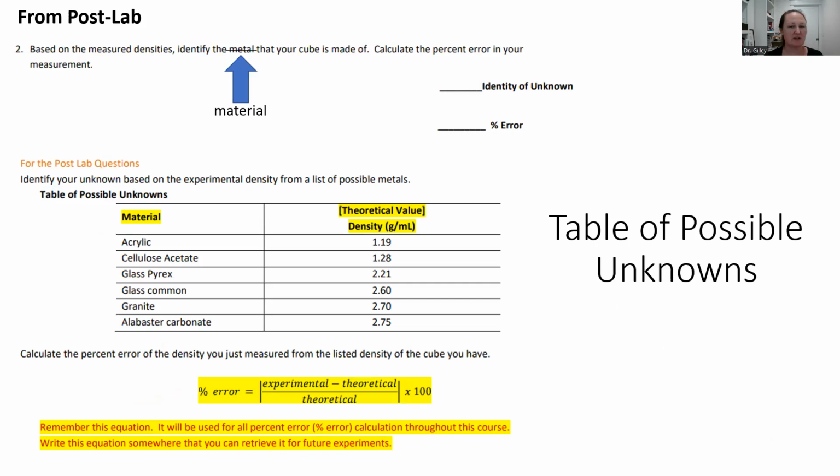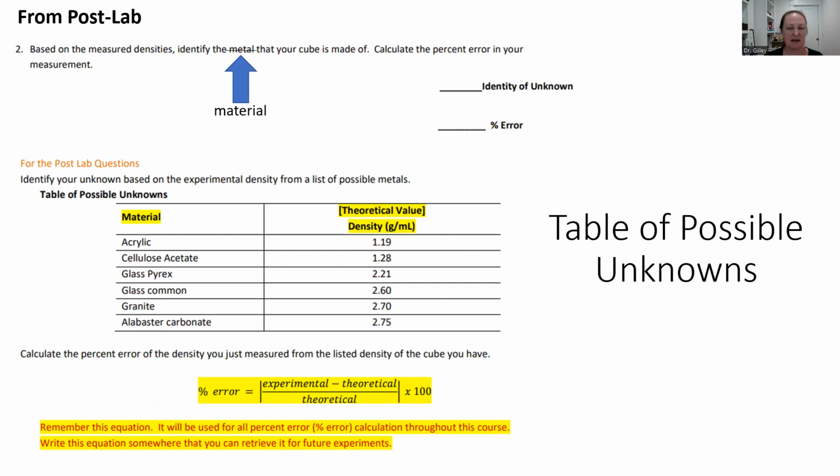And then I just want to mention in the post lab, it says identify the metal. I went ahead and changed that word to material, because we used to use a metal cube, but now we're using a cube made of a different material. So you'll want to identify the material that your cube is made of, and you'll do that using this table that's in your lab manual.